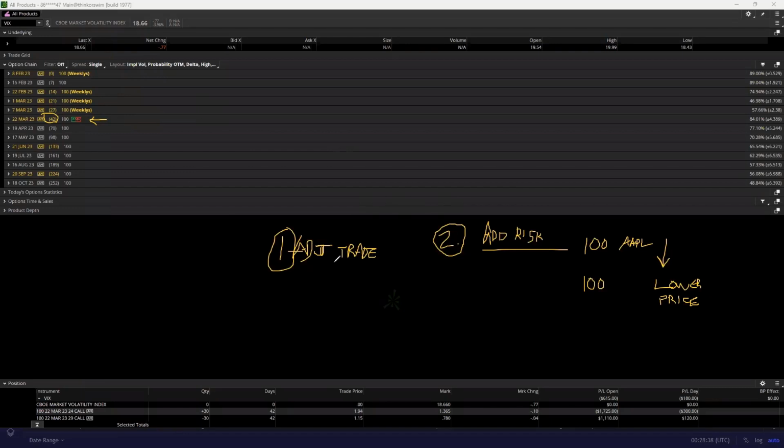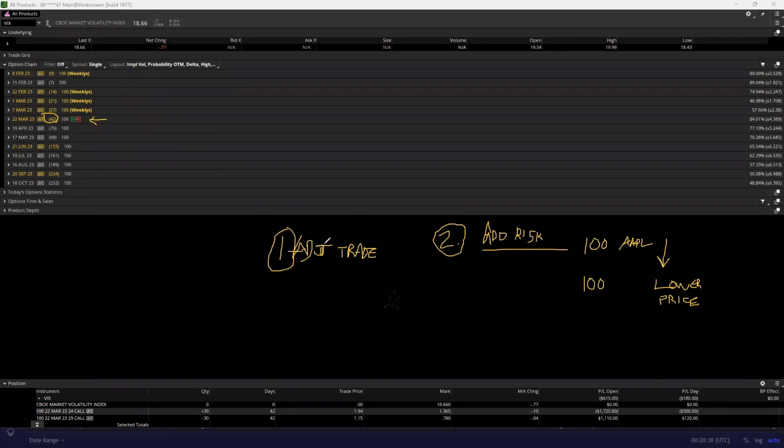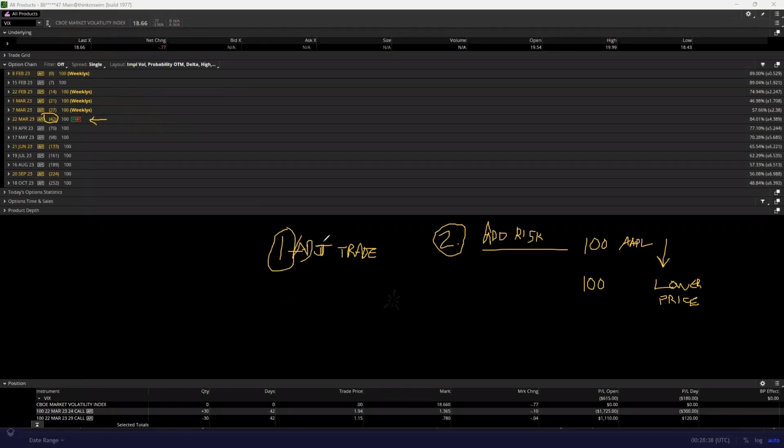So maybe, like in this actual example, I want to adjust it because something in the market didn't occur or changed in the near term, but it doesn't really impact my medium to longer term outlook. So I still am confident the VIX is going to spike, and I think it has a strong likelihood of spiking in the next 42 days.